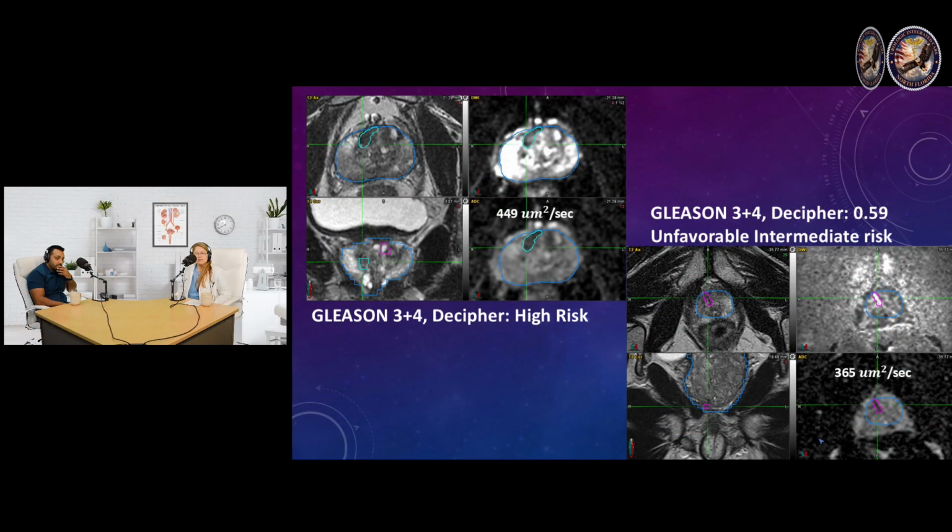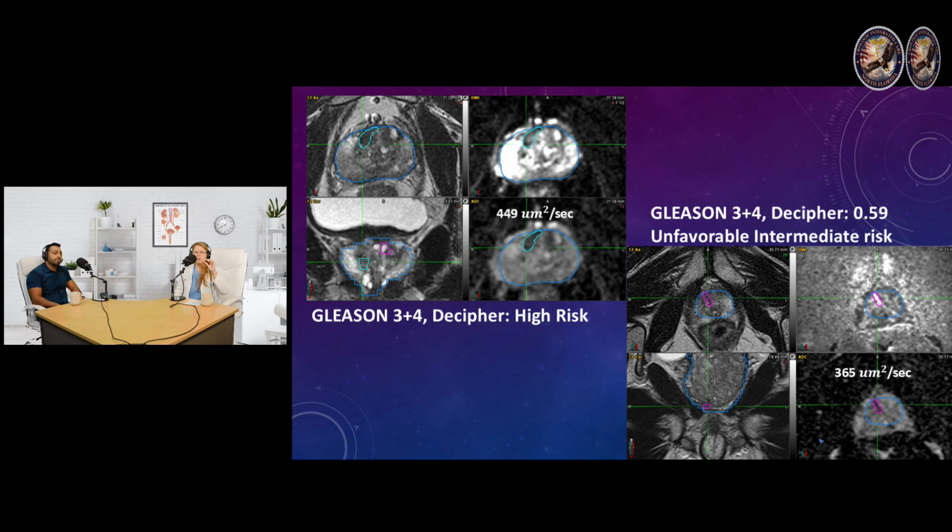Okay. This is another patient that has an area with ADC mapping of 449, and in this particular scan, the diffusion weighted image was limited.